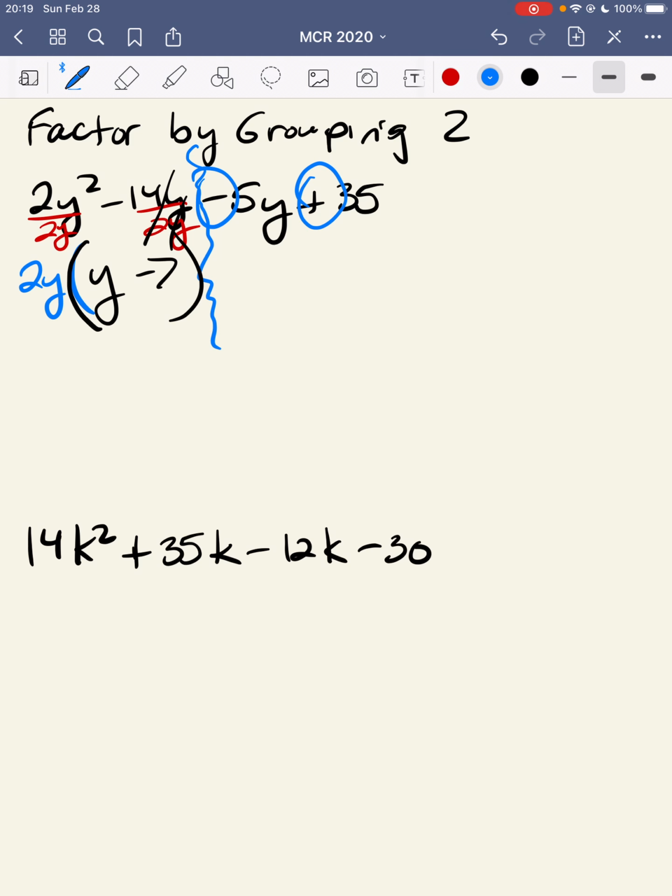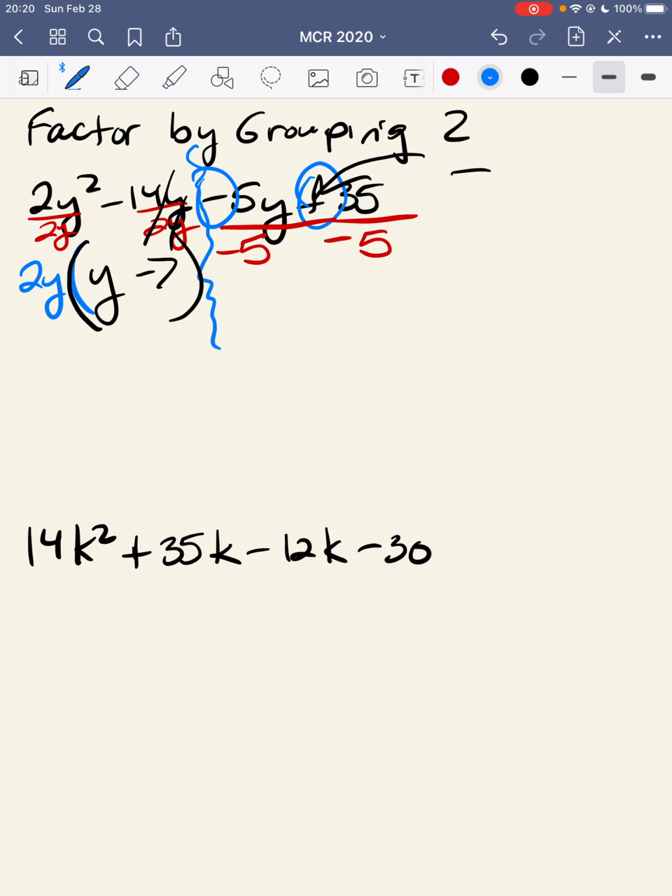Which means whatever I want to do to see if I can get a GCF, I need to make sure that this positive becomes a negative, which means I need to go ahead and factor out a negative. Okay. So whatever GCF I have for these last 2 terms, I need to factor out a negative. And 5 and 35, I have a GCF of 5. But in this case I'm going to factor out a negative 5.